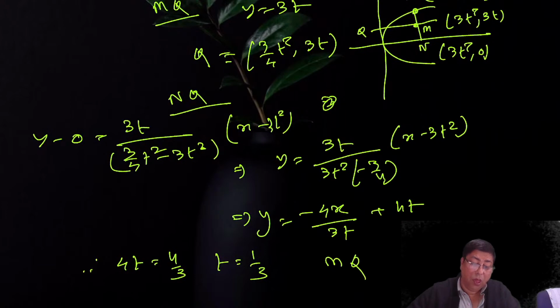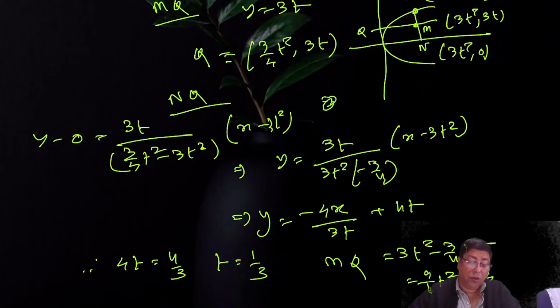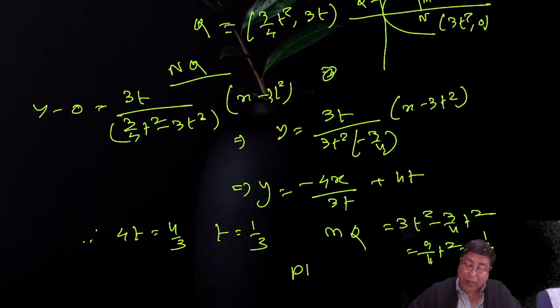Therefore MQ equal to 3t square minus 3 by 4 t square, therefore 9 by 4 t square, therefore 1/4. And PN equal to 6t, which is coming to be 2.